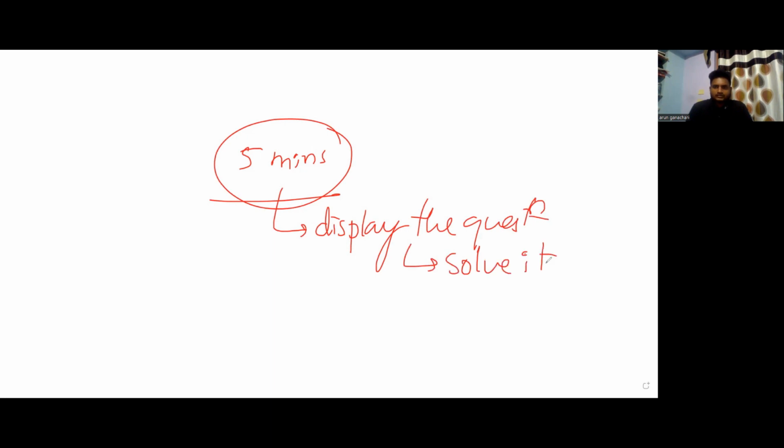Try to solve it. Try to revise everything whatever we have discussed.